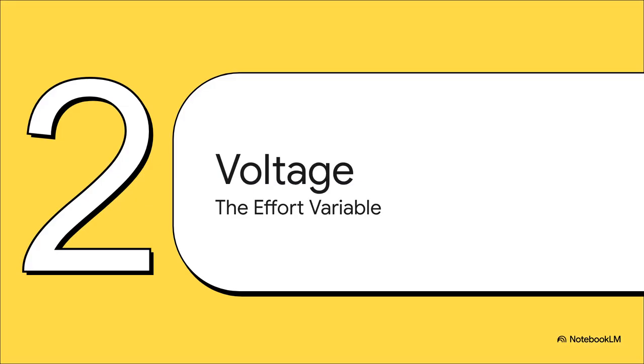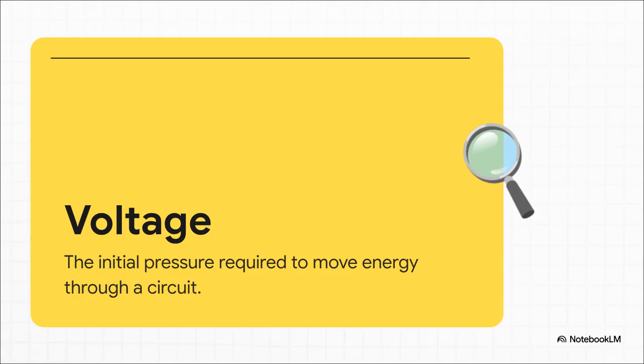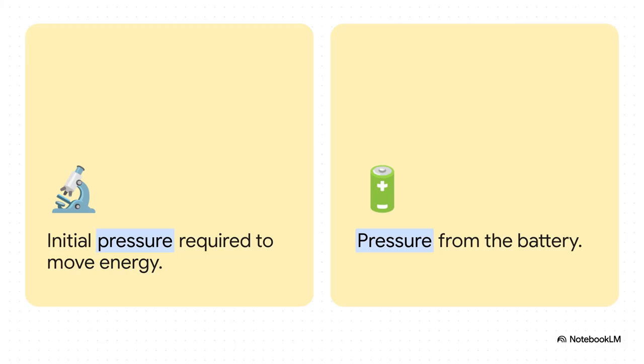Moving right along, voltage, the push of effort. Okay, let's start with the formal scientific definition. We all know voltage is the initial pressure required to move energy through a circuit. Basically, without it, the whole system just remains completely dormant. It's that all-important starting push that forces everything off the line. Now, let's look at this comparison. On one side, we have our standard scientific definition, right?